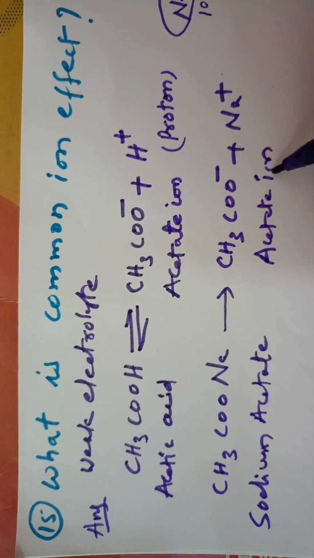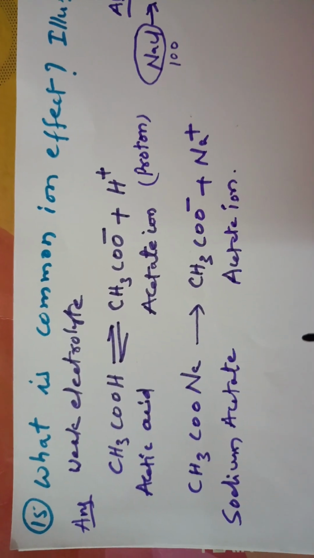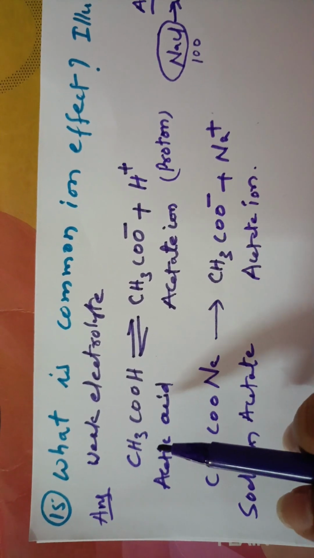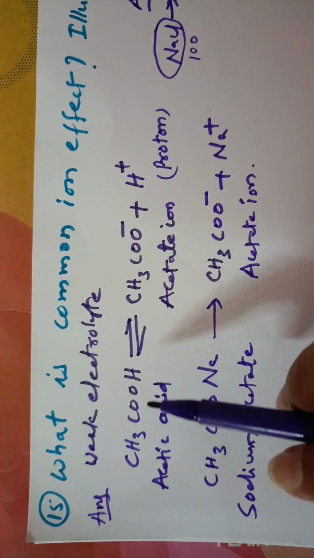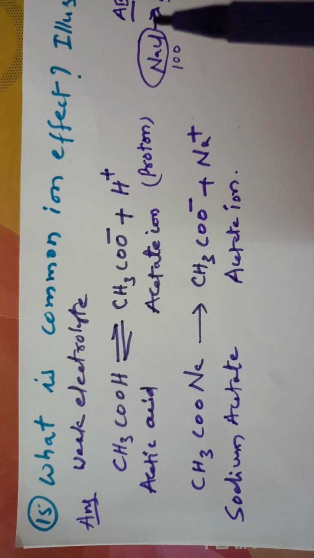Acetate ion. One more thing you have to understand, that is equilibrium. What is equilibrium? Suppose you take acetic acid, it dissociates into ions to some extent only.